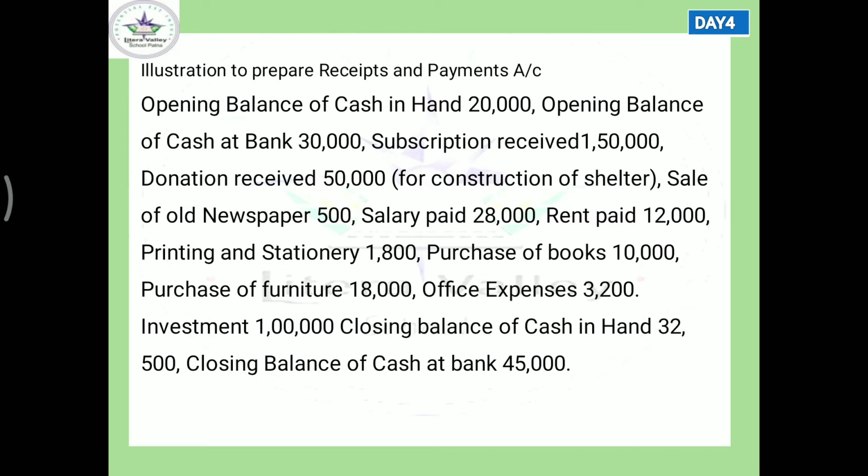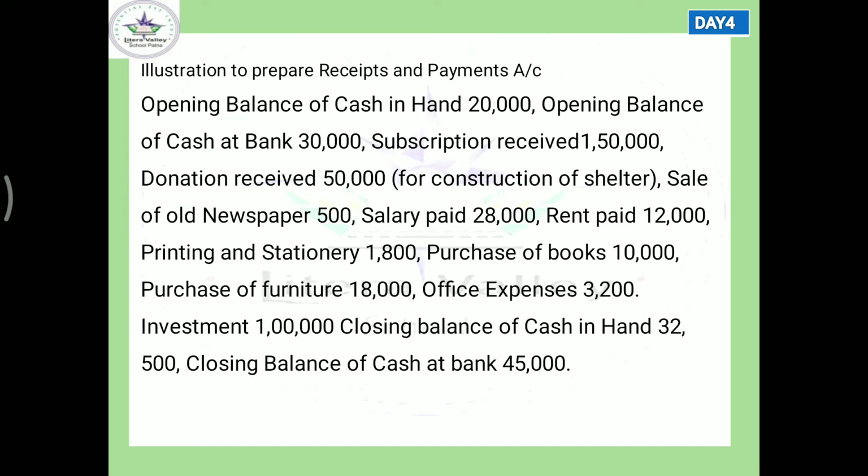Donation has been received, it will be recorded. Sale of old newspaper. Now come to the payment side. Salary paid, rent paid, printing stationery paid, purchase of books, purchase of furniture, office expenses, investment. Thereafter, closing balance of cash in hand and cash at bank.